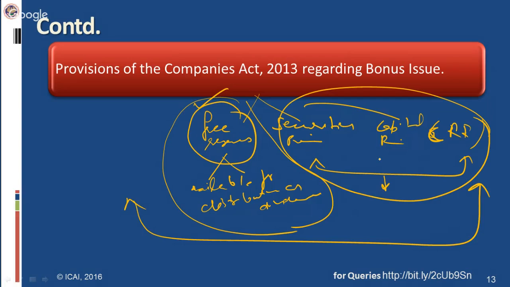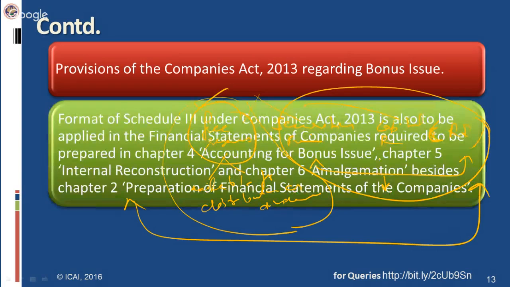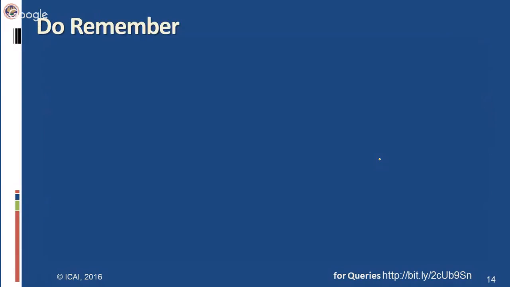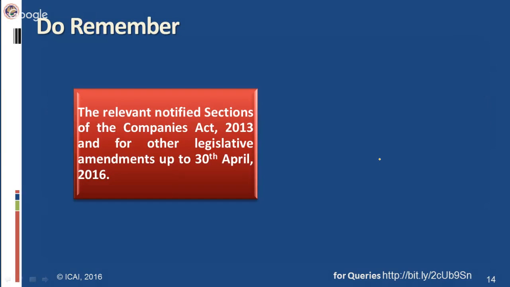Now let us move to the format of Schedule 3. We have already discussed this, and the cash flow also. Now, very important: all the relevant notified sections of the Companies Act 2013 and all the legislative amendments. However, for Paper 1 accounting, I think provisions of the Companies Act 2013 are more important.